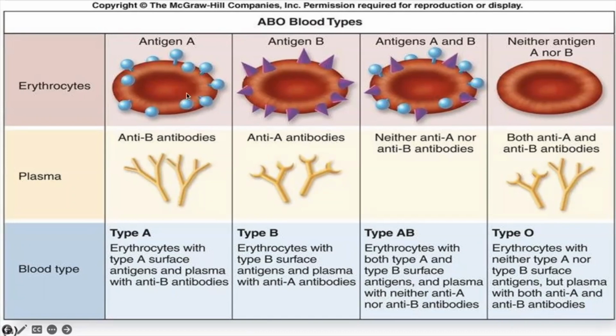So it should be the exact opposite. If you have antigen B on your red blood cells, you should have anti-A antibodies coming from your lymphocytes, right? If you have both antigen A and antigen B, your body would not produce anti-A or anti-B antibodies. And if you don't have any of the antigens, your body will produce both anti-A and anti-B antibodies.